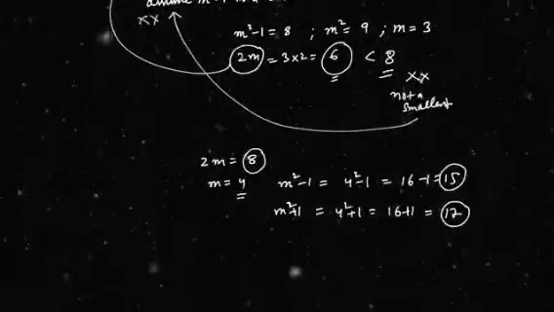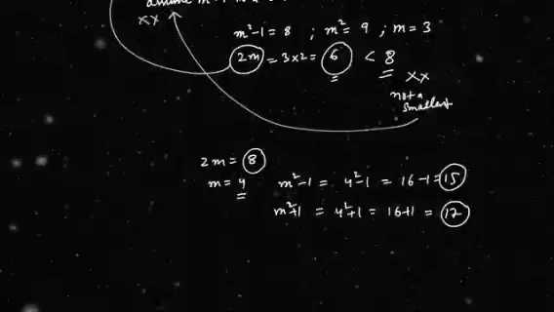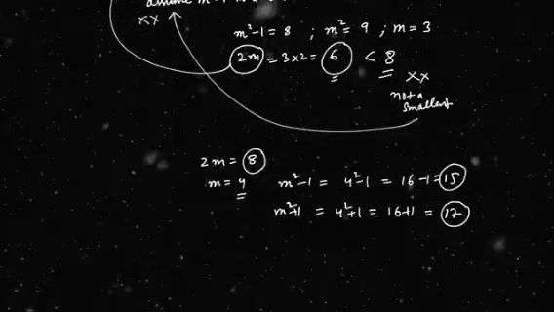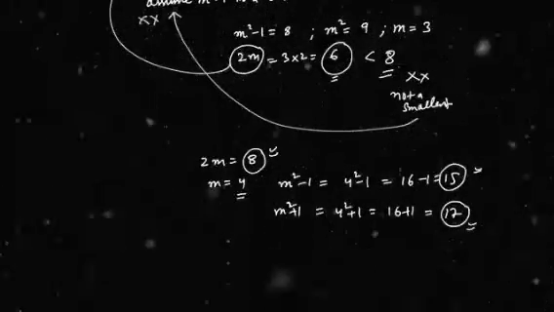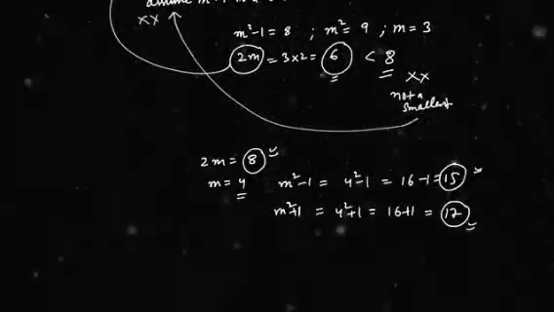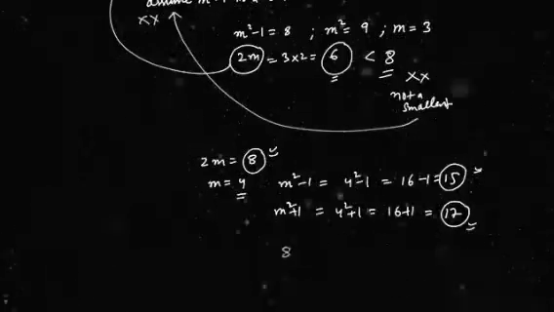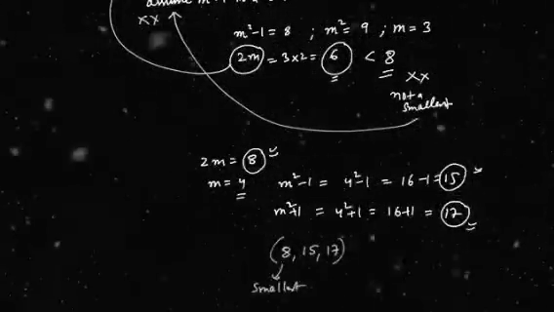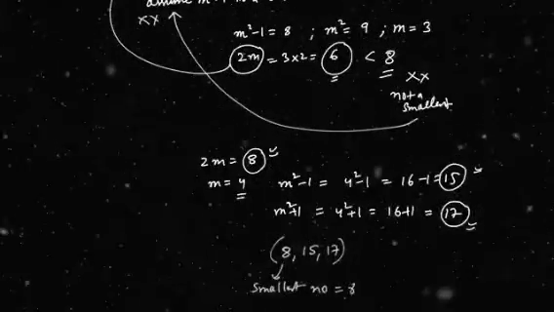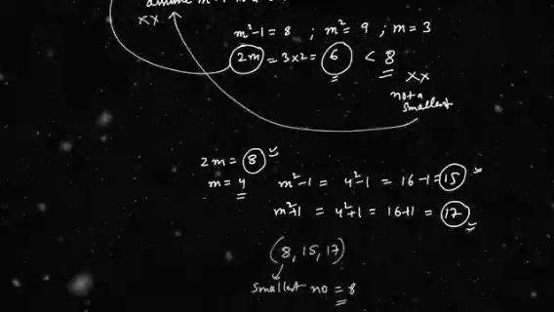Now how will we write all three numbers together? While solving, you also saw that 8 is the smallest number, then 15 and then 17. So while writing the Pythagorean triplet, we can write it as 8, 15 and 17. And like this, we have got our collection of numbers where 8 was the smallest number.